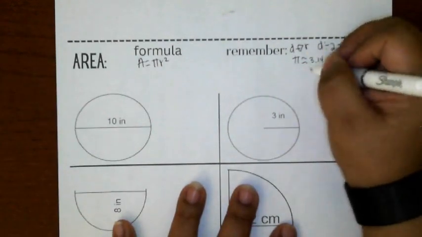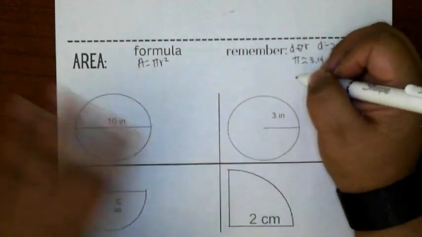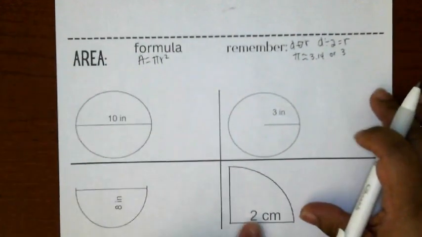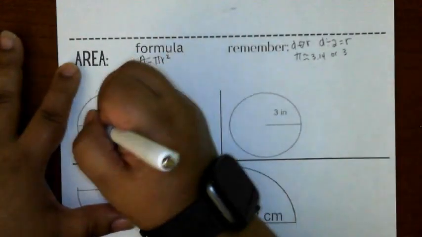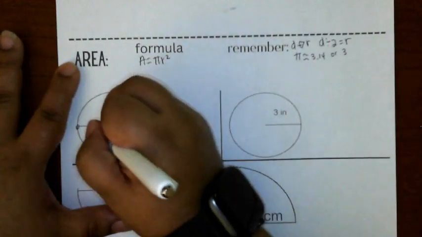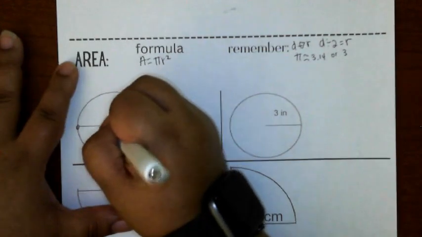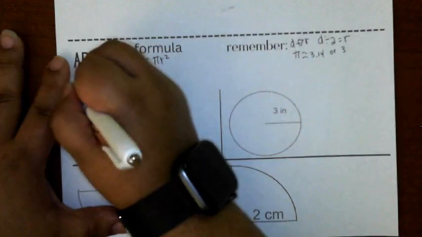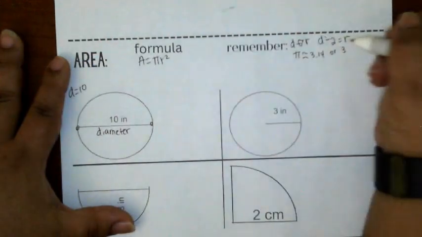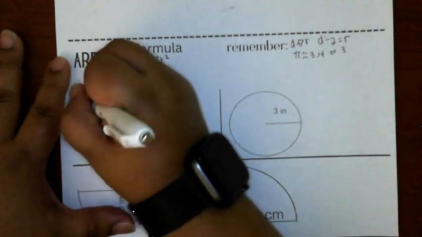Here, we are given edge to edge. This is diameter, and I need the radius. So the diameter is 10, I am taking 10 and dividing it by 2. That's going to be 5.